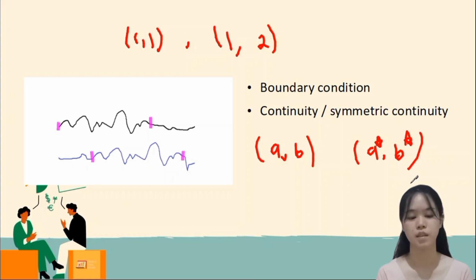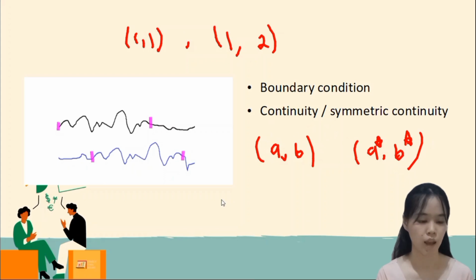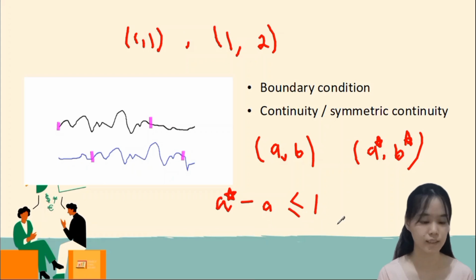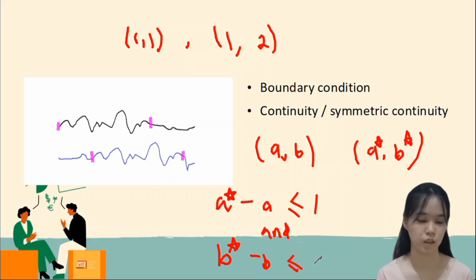By the symmetric continuity constraint, A star minus A has to be less than or equal to 1, and B star minus B has to be less than or equal to 1. So we have two requirements that need to be true.